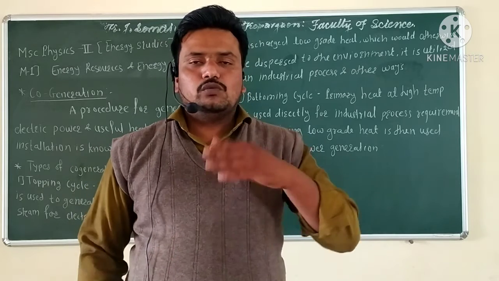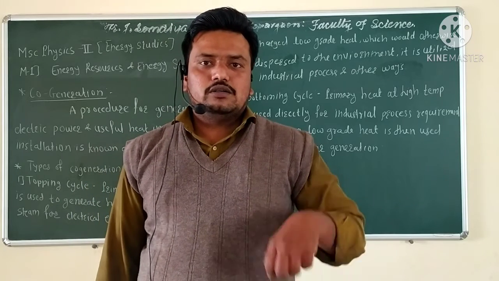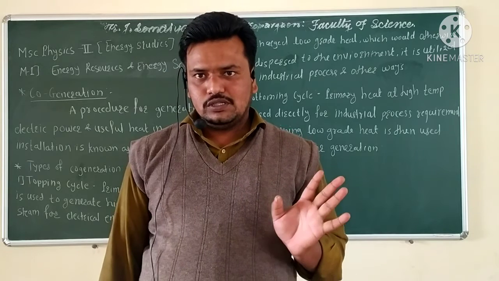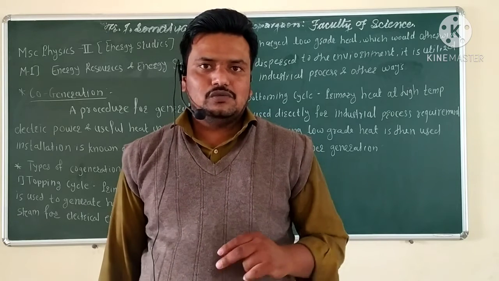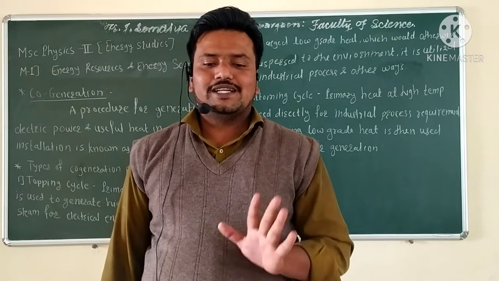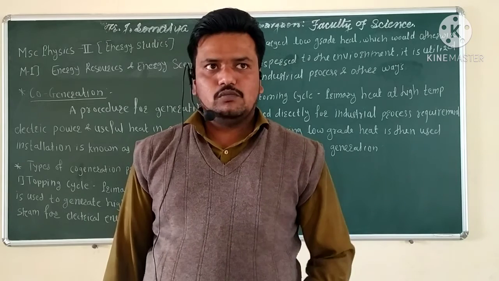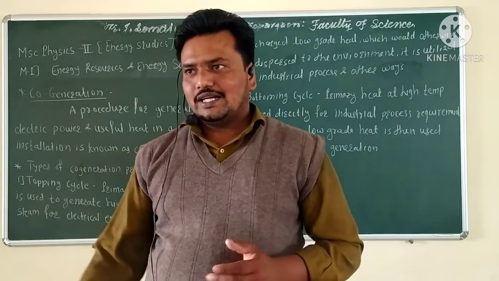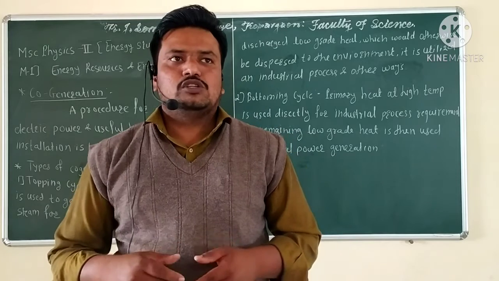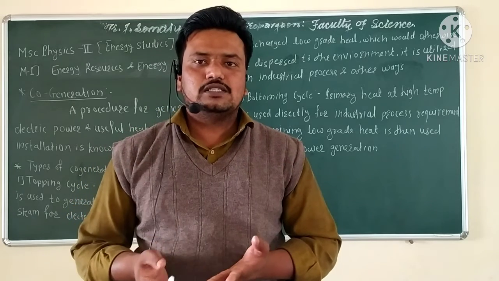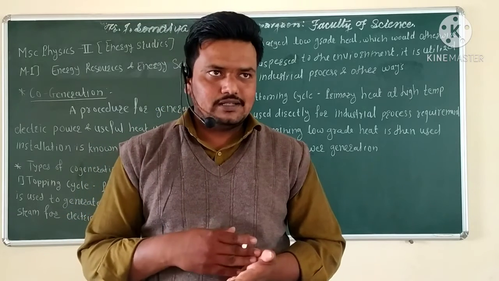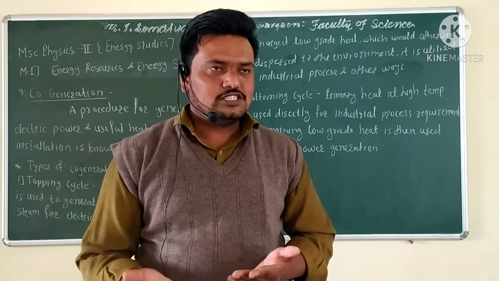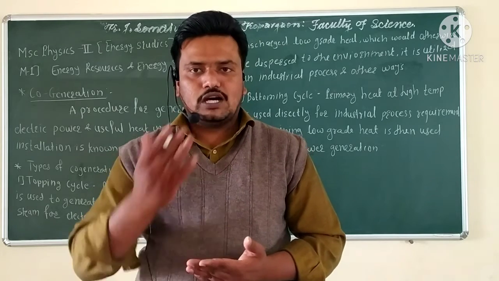Now after that we want to see the two basic types of the cogeneration principle. These two cycles are the topping cycle and the bottoming cycle. These cycles are based on how the heat energy is utilized, converted into electrical energy, and used for primary purposes such as industrial processes or other uses.